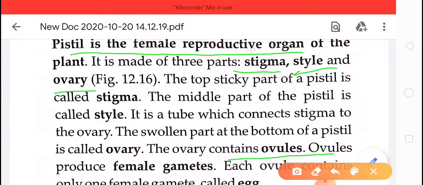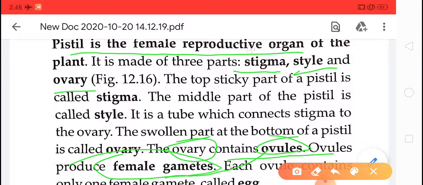So basically three parts are there. Ovules are part of the ovary, and inside the ovules, the female gametes are formed.